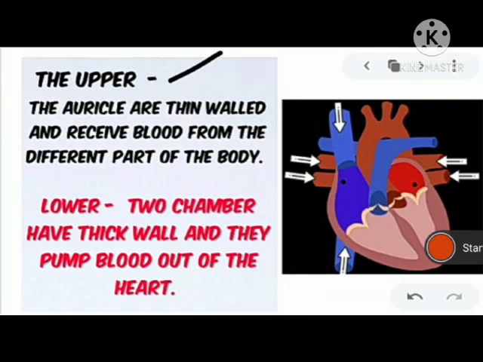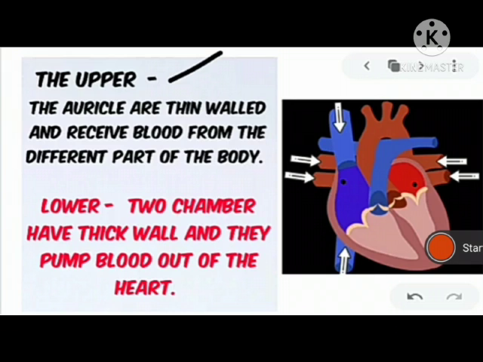The auricles are thin walled, and they receive blood from the different parts of the body, while the 2 lower chambers, your ventricles, have thick walls and they pump blood out of the heart. Your left ventricle has the thickest wall because it has to pump the blood to the remotest parts of the body.